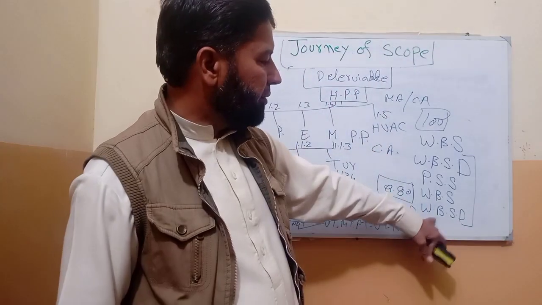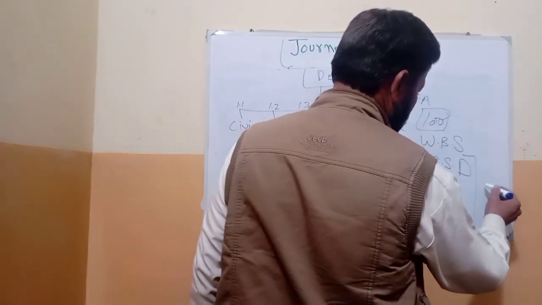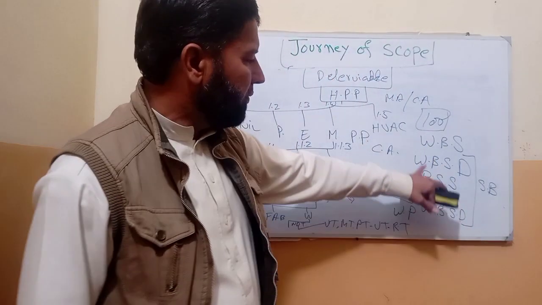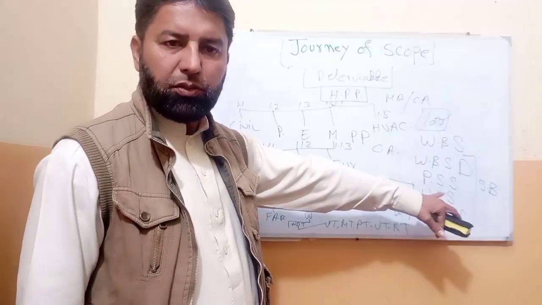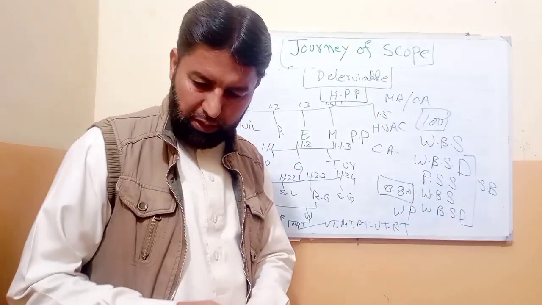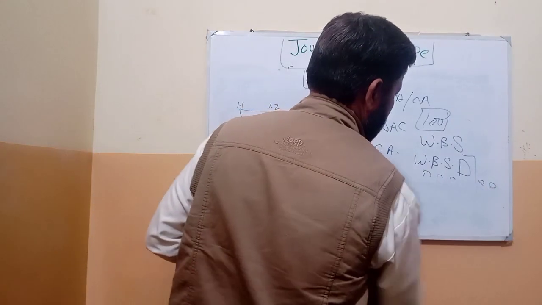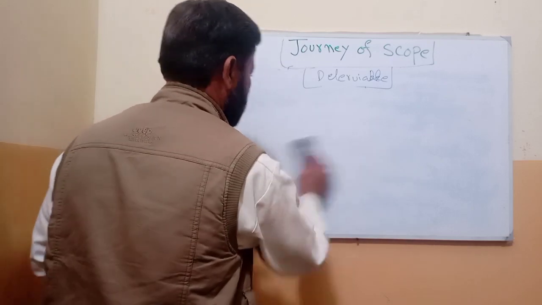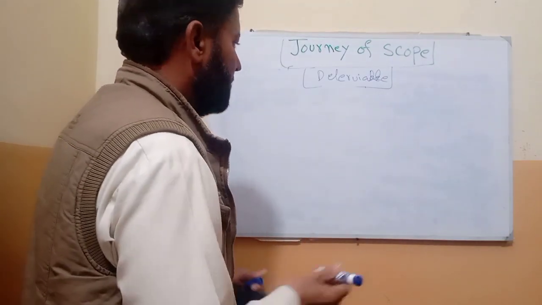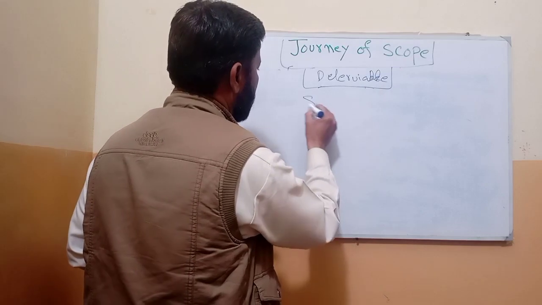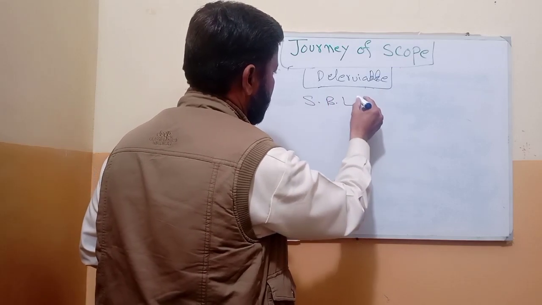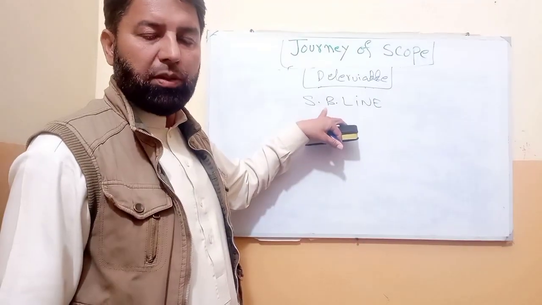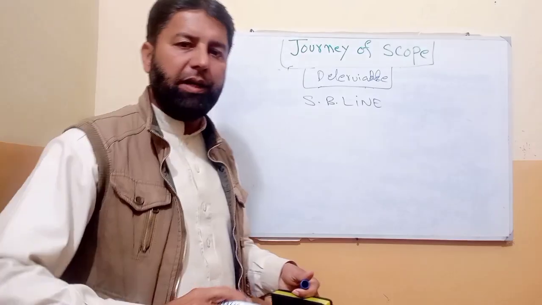The combination of these 3 we call the scope baseline, or project scope baseline. We got the scope baseline, and the scope baseline will be submitted to the sponsor or client.